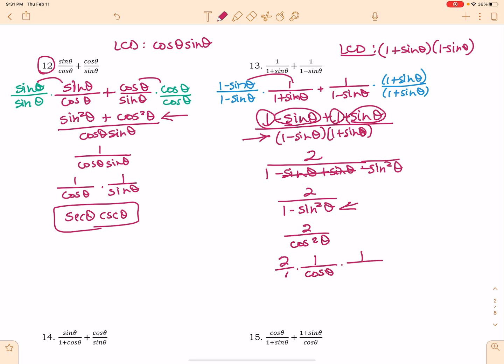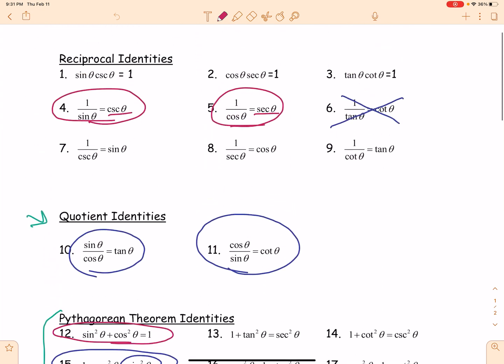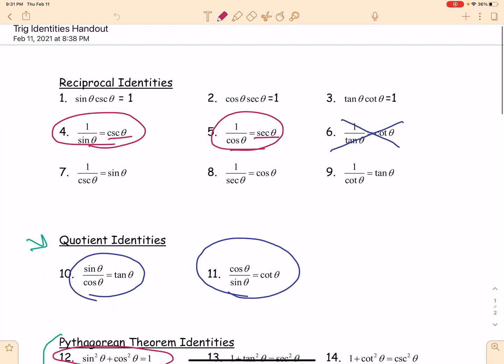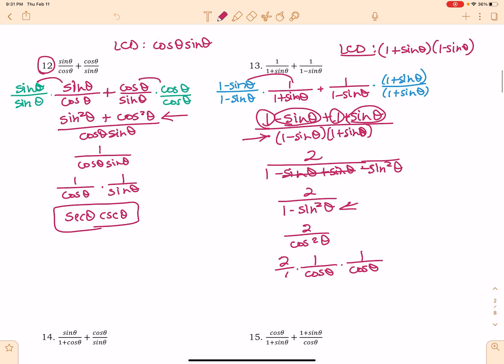You could write it separately that way if you wanted to, because 1 over cosine, of course, is secant. So I've actually got 2 times secant theta times secant theta, which is 2 secant squared theta. Awesome.